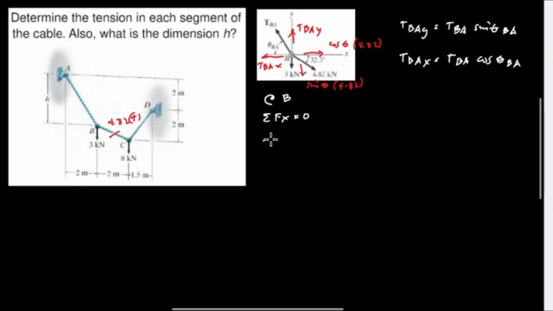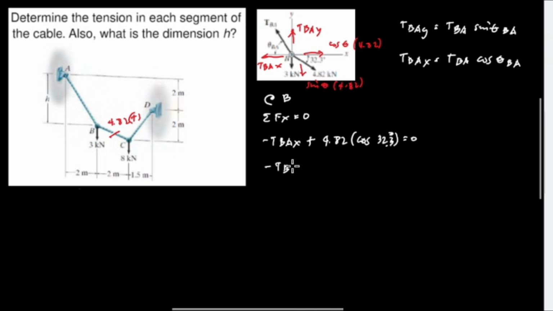We have negative TBA of X plus 4.82 times cosine of 32.3 degrees, and equate that to 0. And change TBA of X to TBA times cosine theta BA.